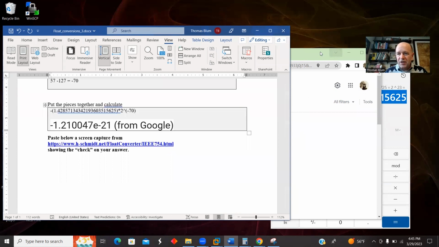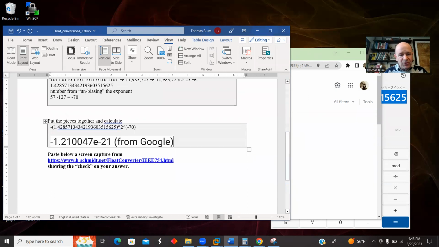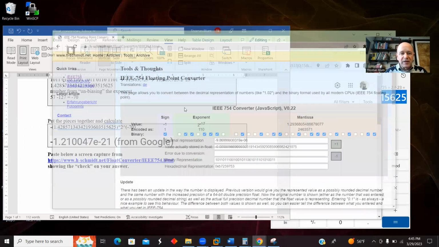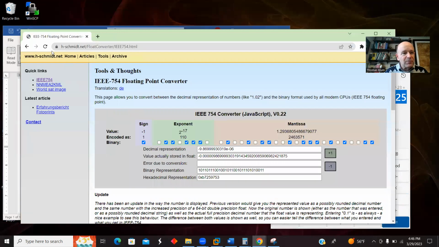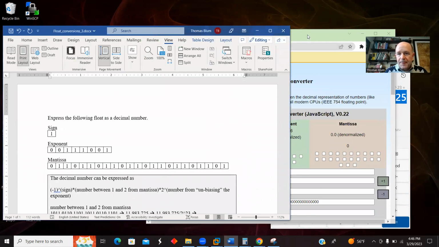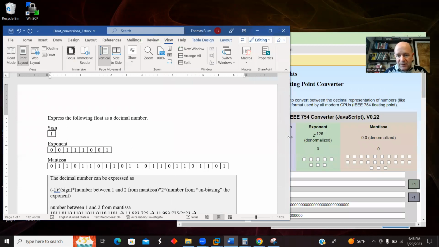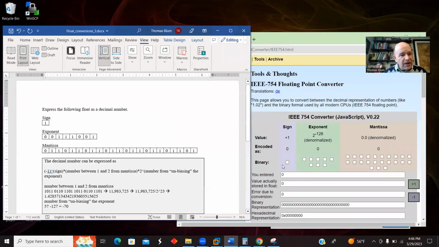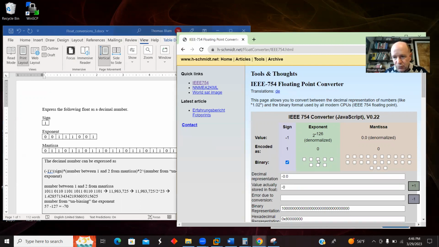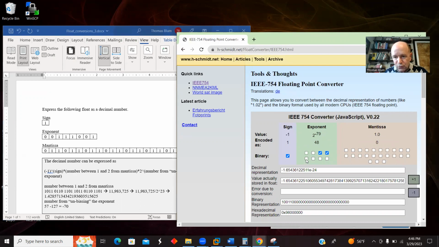And now let's try to check. I'm going to use this online floating point calculator here. Let me clear out some previous thing I was playing with, and now let me go to the original. The sign bit was a 1. The exponent was 0, 0, 1, 1, 1, 0, 0, 1.